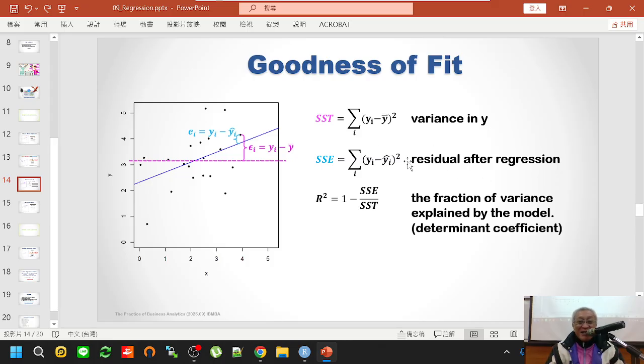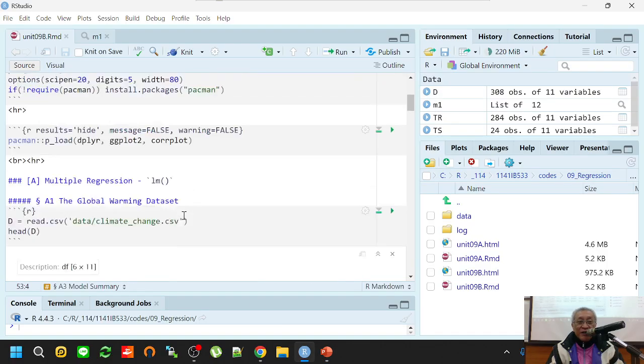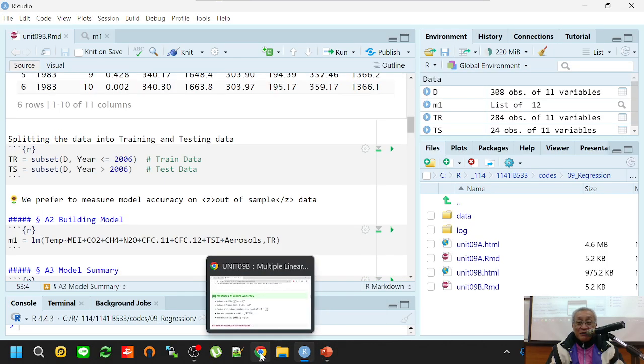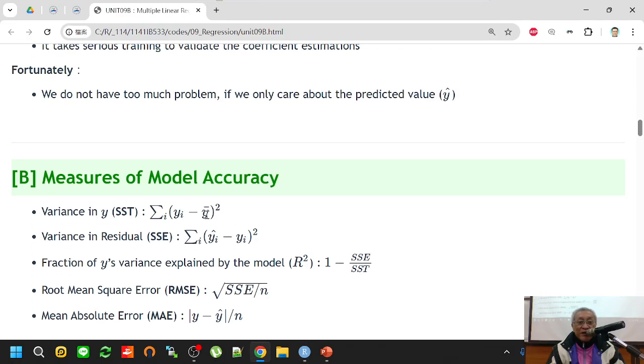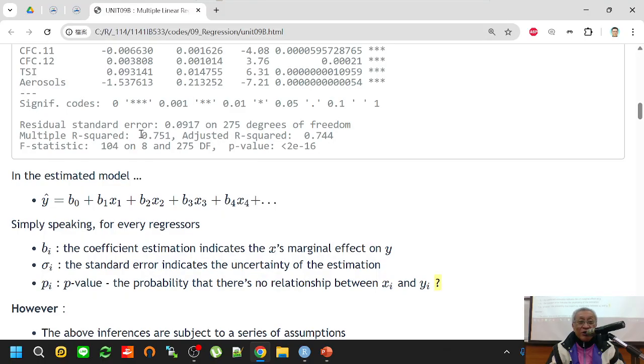So as I can see, I already written here, and actually you can see the R square value here. You can see that, right? So this model is pretty good. It explains like 75% of y's variance.